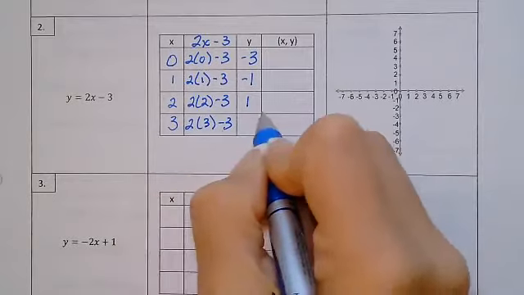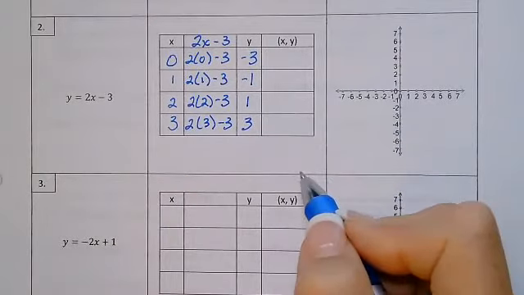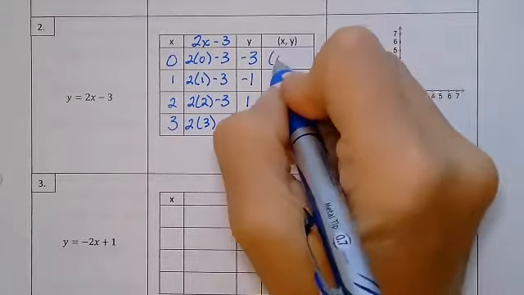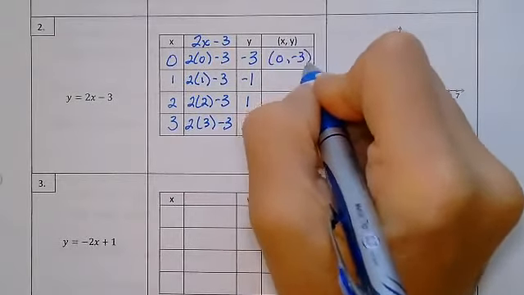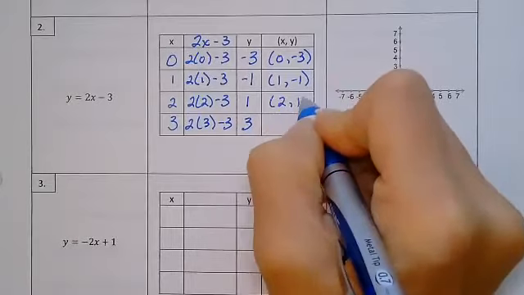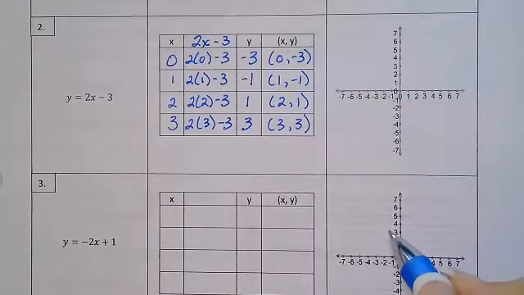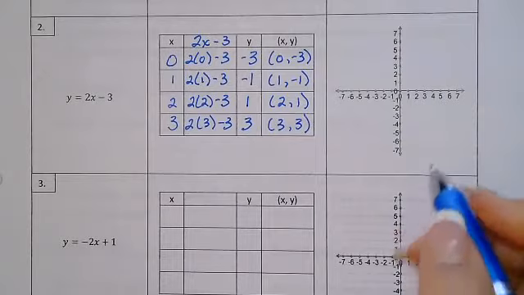And 6 minus 3 is 3. Okay, ordered pairs. And graph.